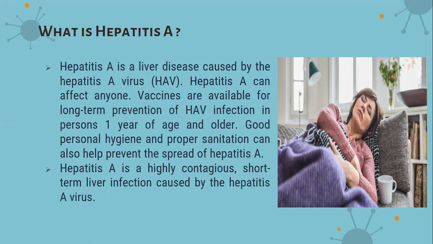This hepatitis A is a liver disease caused by the hepatitis A virus, or they call it the HAV. It is highly contagious in which madali mo lang itong makukuha when you are in contact with the infected person, or kahit na sa food that you are preparing. And this hepatitis A can affect anyone.